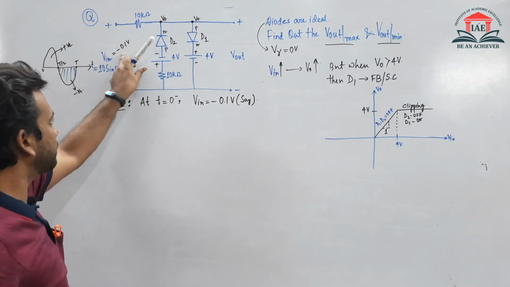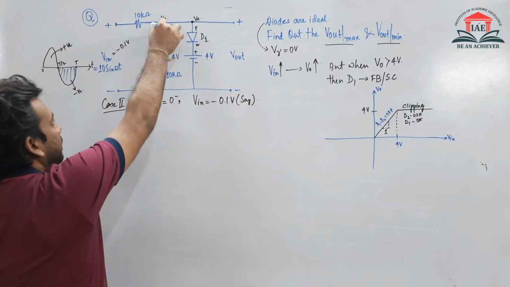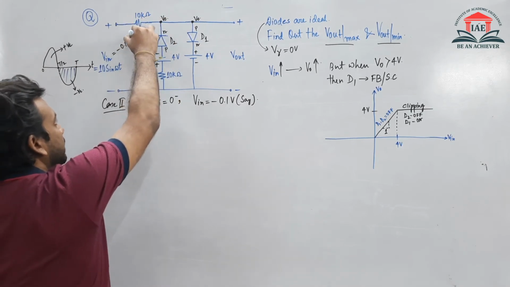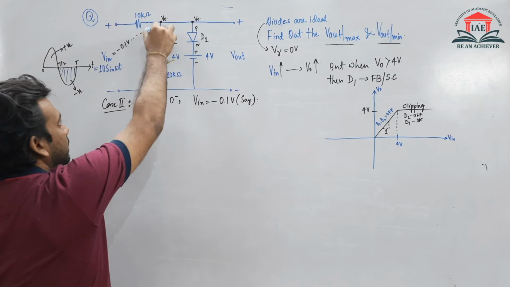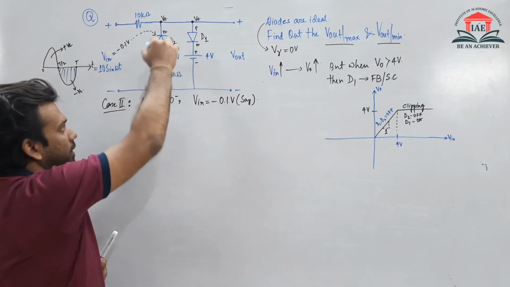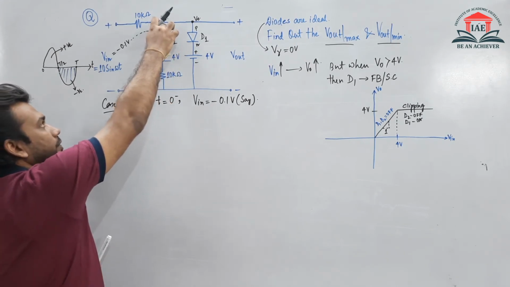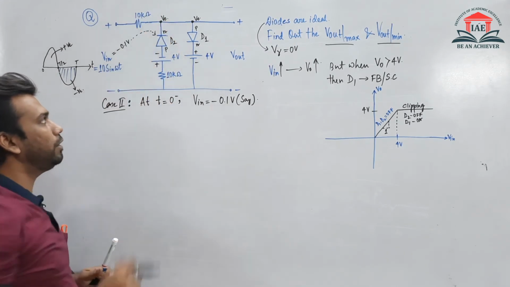Now if you look at this, there is right now minus 0.1 volt. So for this diode, the connection at the n side is this, and at the p side you have minus 4. So the p side voltage is more negative than the n side voltage. So the D2 diode will be off.